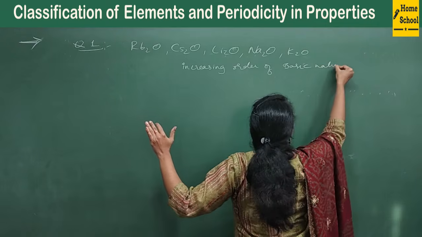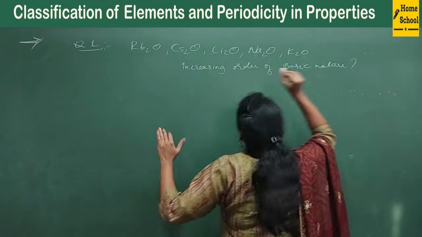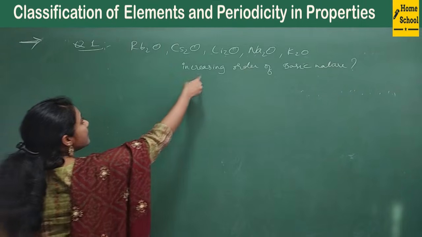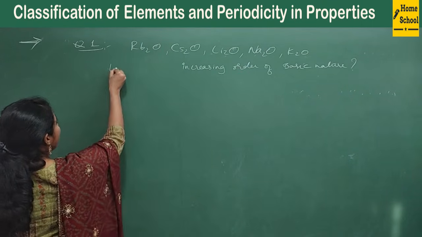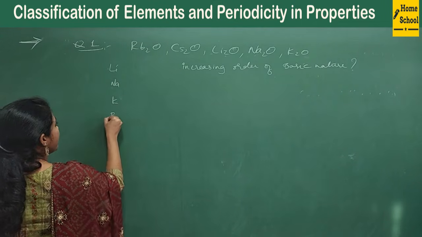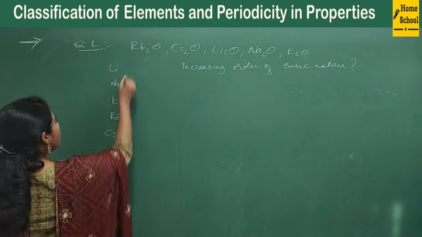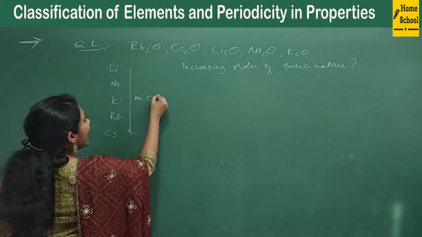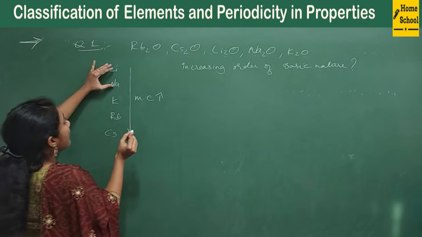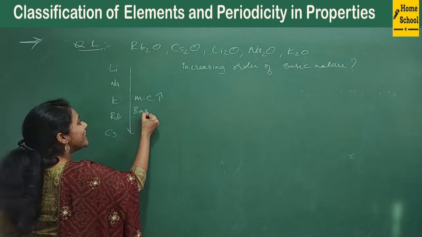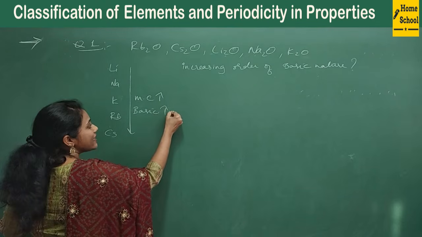All these are compounds of metals, right? Lithium, rubidium, cesium, sodium, potassium, everything will come in the same group, isn't it? In the same group, as you go from top to bottom, our metallic character increases and compounds of these are basic. So basic nature also increases.